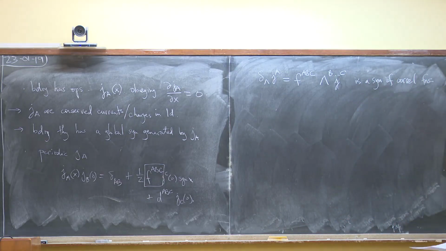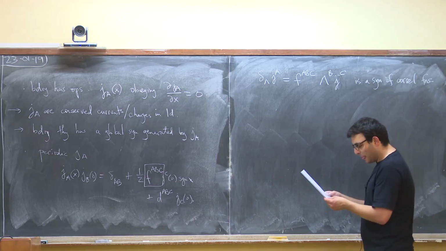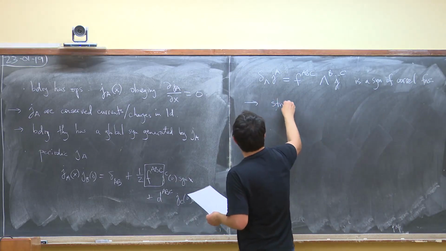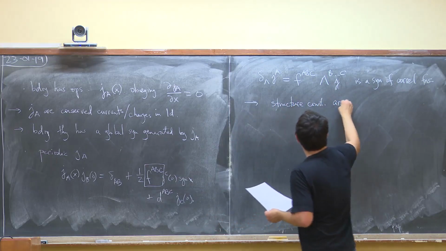It's the symmetry generated by J^B. Is the symmetry generated by J^B, correct. Okay, so the structure constants for this global symmetry are f^{ABC}.